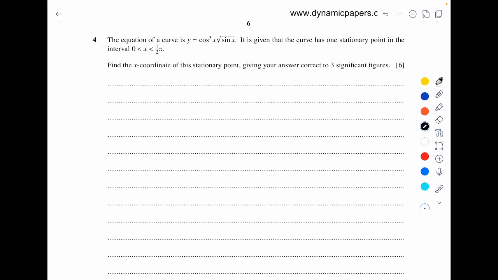I'm going to let u equal sine x to the power of a half, and that means that the derivative u dash is going to equal a half sine x to the negative a half times negative cos x.